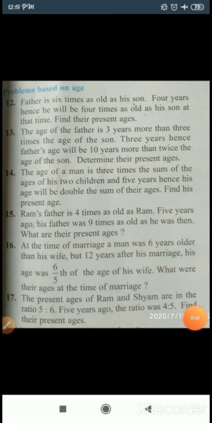Here the question. The present age of Ram and Syam are in the ratio 5:6. 5 years ago, the ratio was 4:5. Find their present age. Okay. So have a look at this solution.